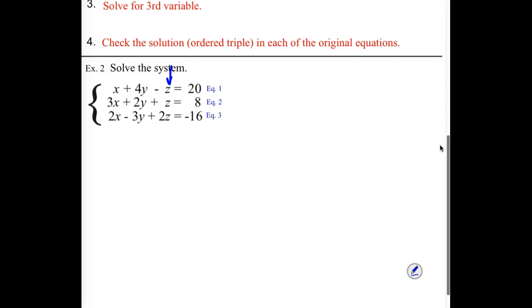Okay, so the other thing I'm going to ask you to do is make sure that you write down what process you're using. What equations are you trying to put together? Are you multiplying one or more of them by something? What is it that you're trying to do? Because if you bring me a sheet of paper that has a whole bunch of this work shown on here, and you go, I'm getting the wrong answer, where did I go wrong? I'm not going to be able to tell you unless you tell me what you were trying to do, because all of you might go at it a different route.